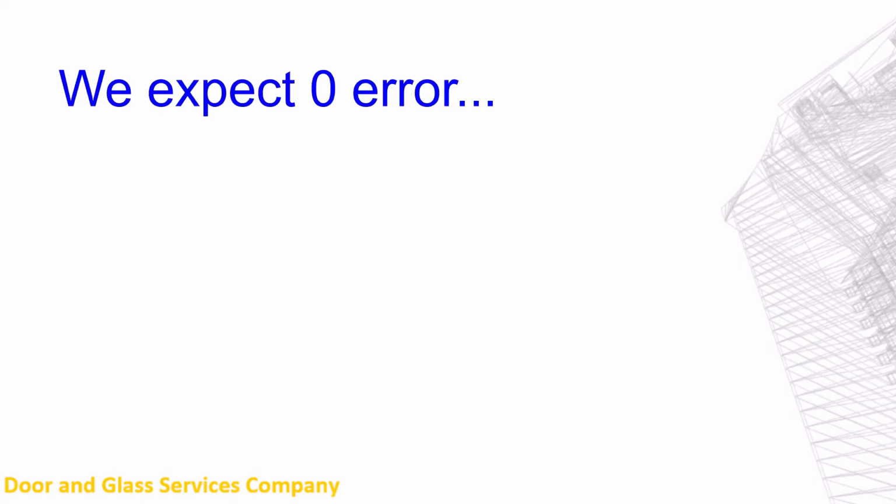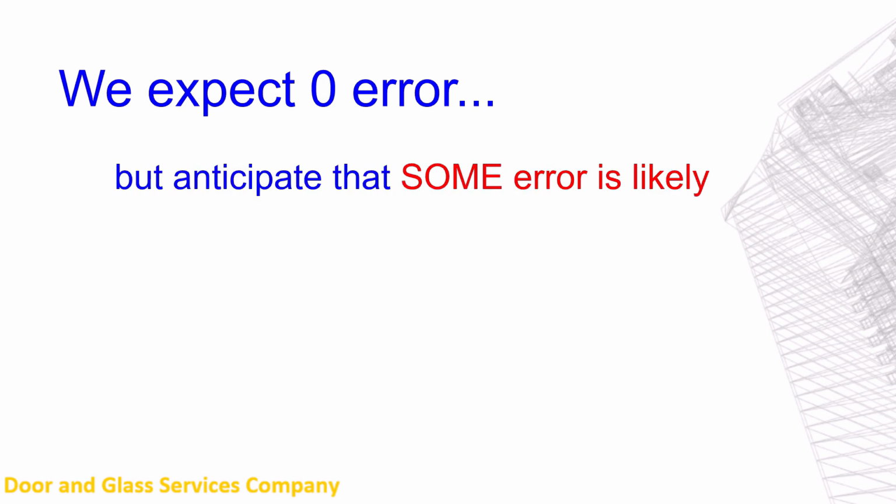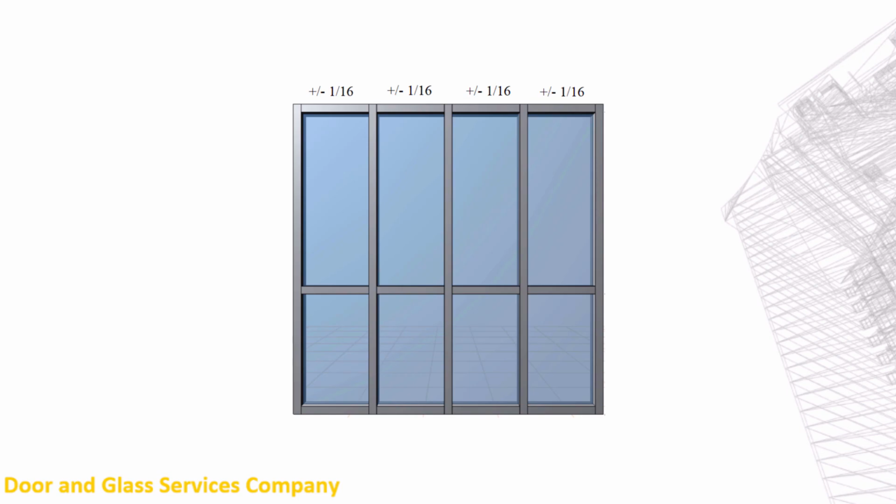Because our focus is on this type of error, we assume that it occurs equally in both directions. Using a window as an example, suppose that we measure the opening and manufacture the frame. We expect the total amount of error to be as much as 3/64 from the initial measurement plus a 16th for each panel.